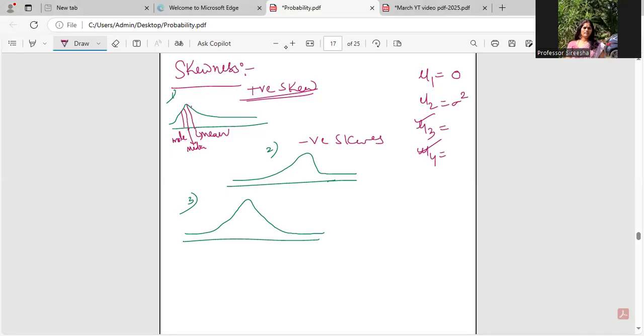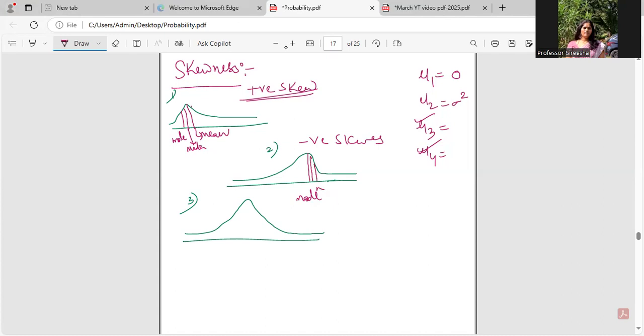What is negatively skewed? Mode will be maximum, and mean will be minimum.